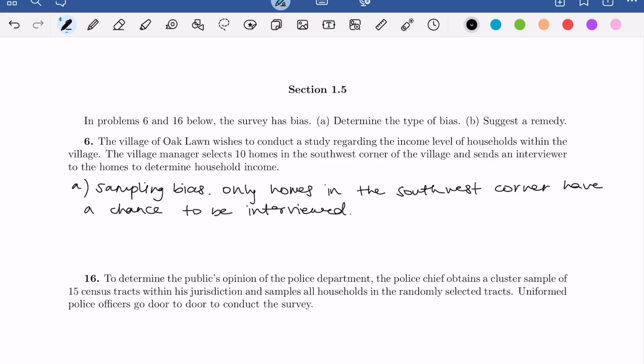So only these homes have a chance to be interviewed, which excludes pretty much everyone else. Now, what we can do to remedy this is obtain a stratified sample. Since households in the same neighborhood usually have similar incomes, if we obtain a stratified sample, we can make the neighborhoods the strata. So, we'll say this.